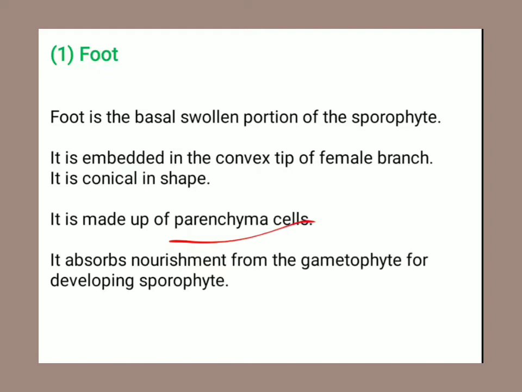It is the first developing phase of the sporophyte. You should remember all parts and their functions. The foot's function is to absorb nutrition from the gametophyte for the developing sporophyte.